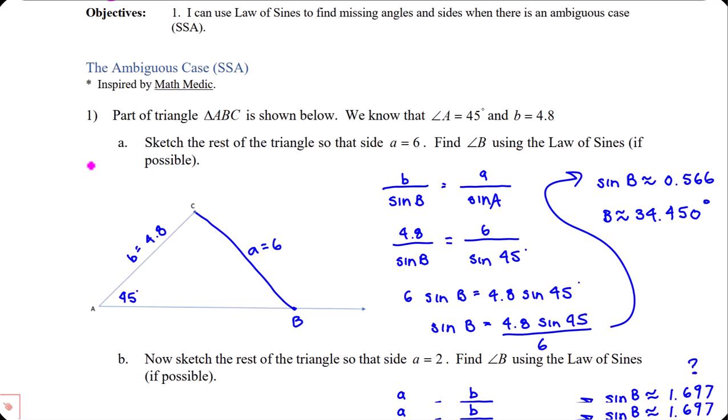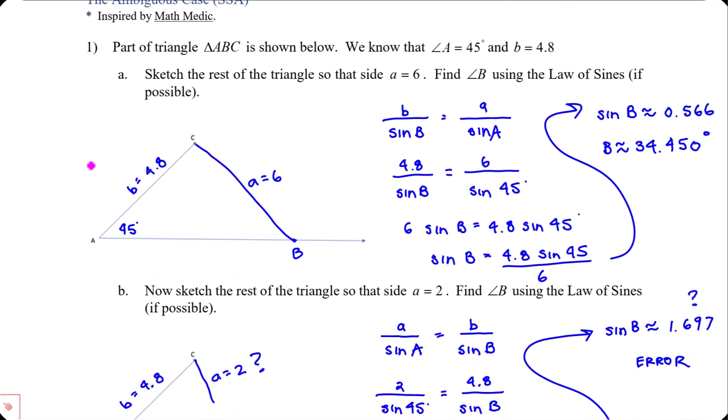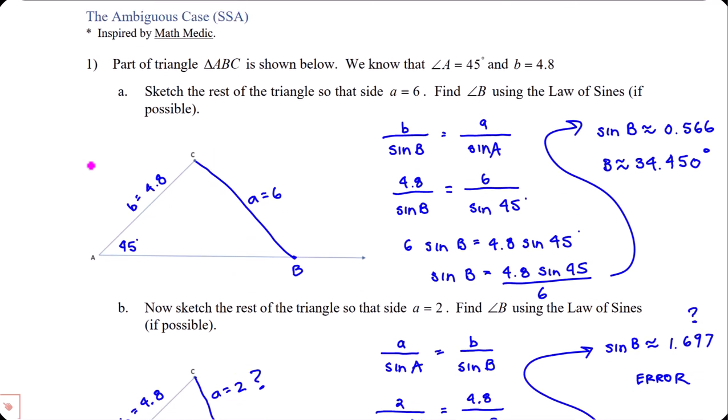So here's what's happening. Looks the same as before. They ask us to draw a side A opposite angle A that's 6 units long. So I do that.